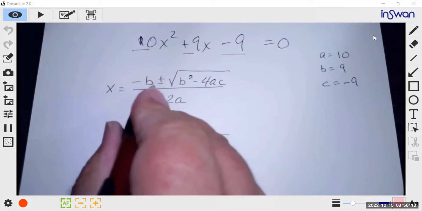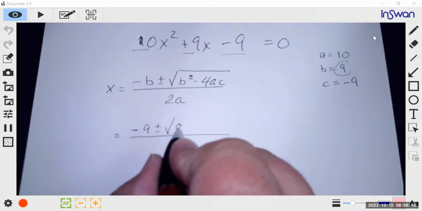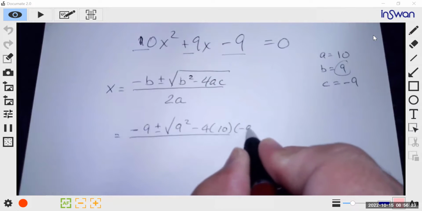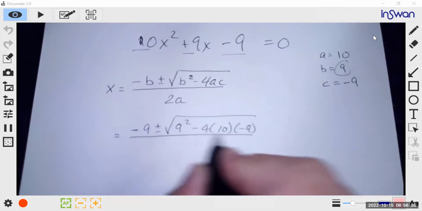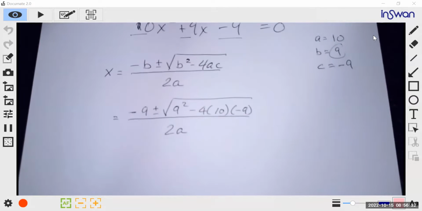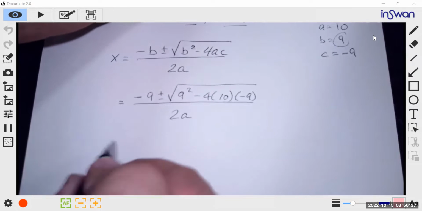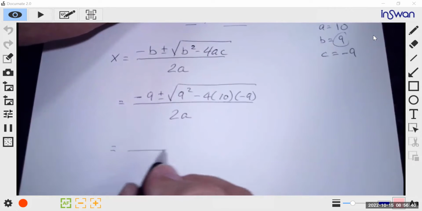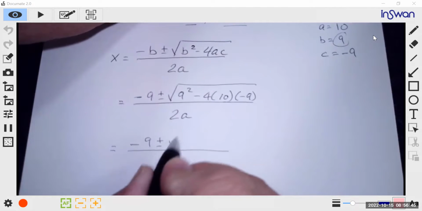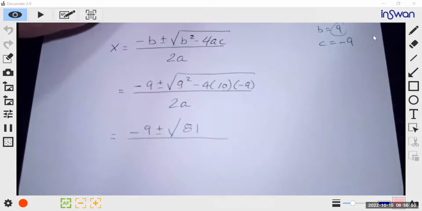So it's negative. What's B? B is 9. 9 squared, 4 times 10 times negative 9. So negative 9, and inside the radical, 9 squared is 81.